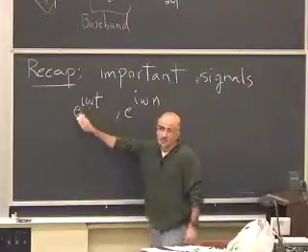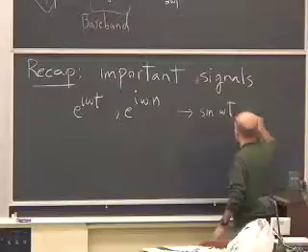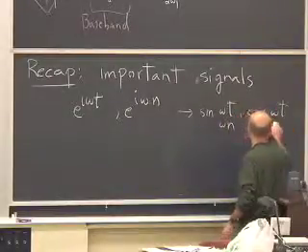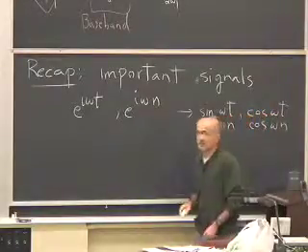So we've been talking about these. And of course, related to these are the sines and the cosines, sine omega t and cosine omega t, and their discrete time versions.